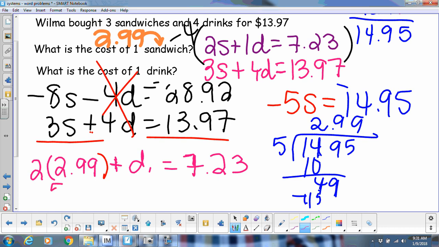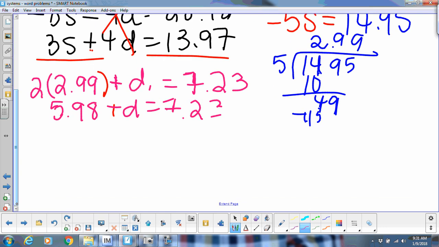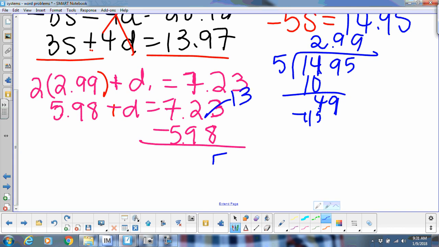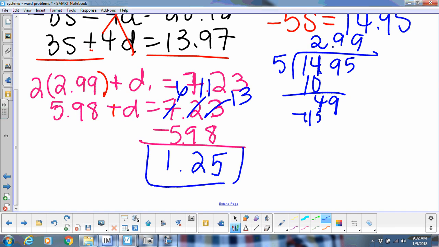So that's actually going to be $5.98. So the only thing left to do now is to subtract $5.98 from $7.23. So a drink cost $1.25.